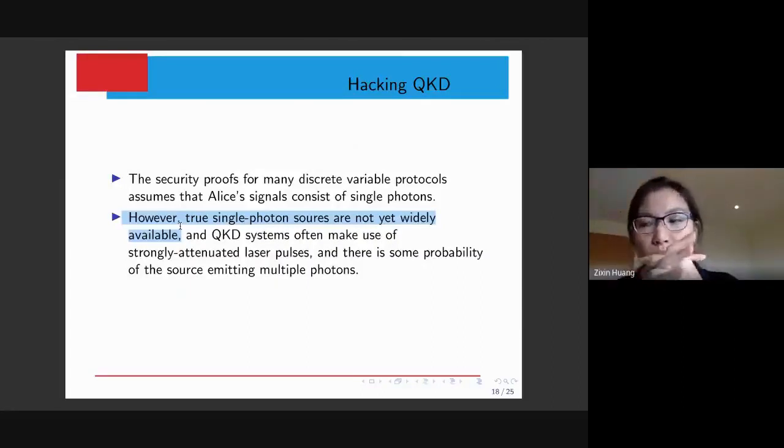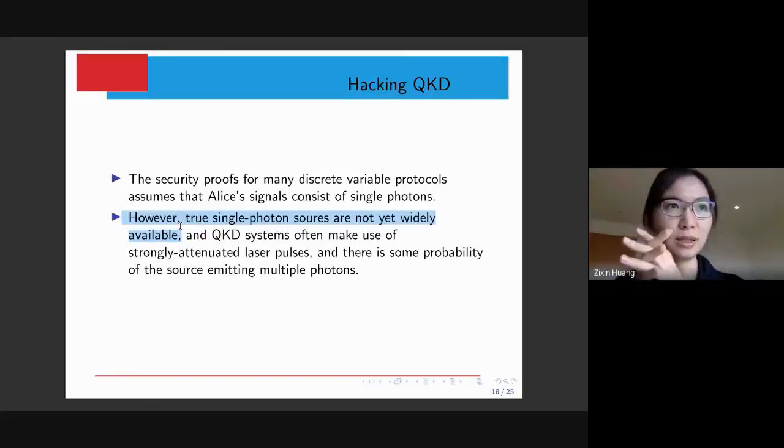When we did our security proof, we saw that Alice emits a series of quantum states, and we assume that these are single photons, and when you measure it, it collapses the state onto whatever basis that she measures in. However, we don't really have single photon sources which are press-button. You press a button and it shoots out a single photon, deterministically.